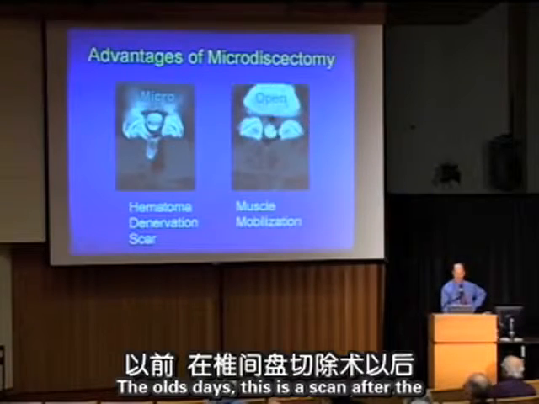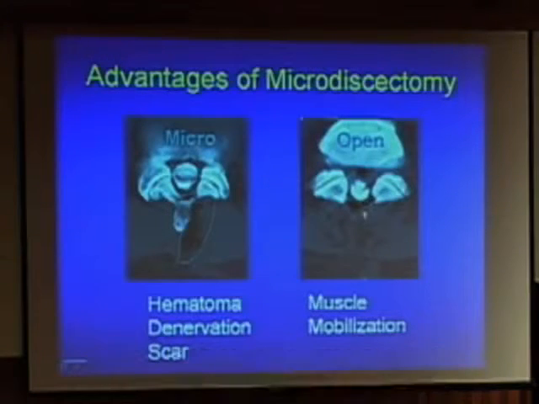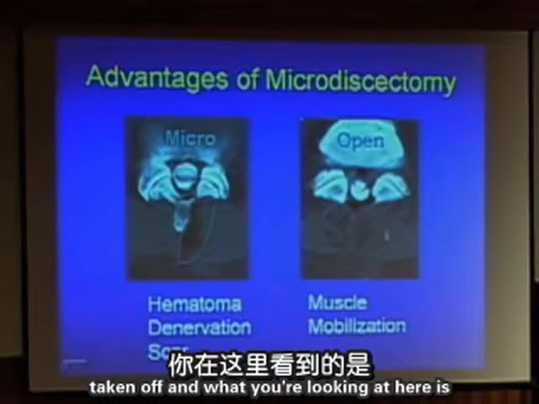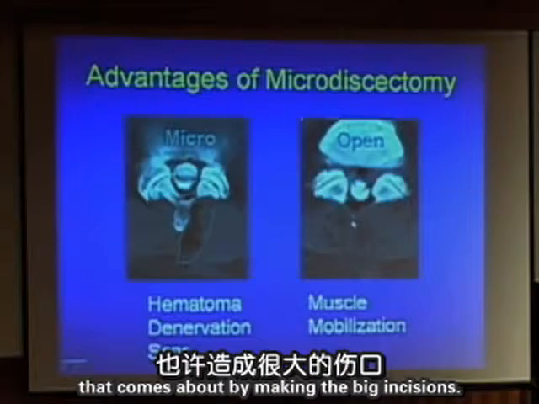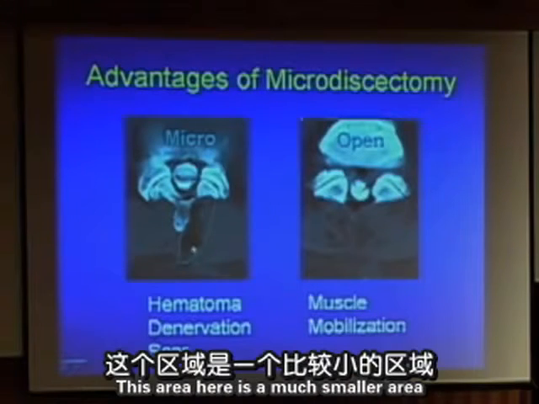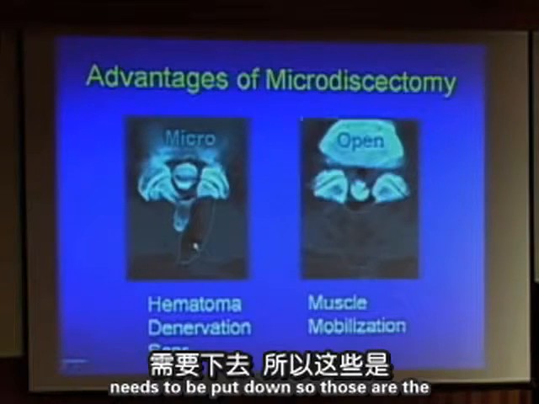In the old days, this is a scan after the usual open discectomy. There's a lot of bone taken off, and what you're looking at here is a lot of destruction of the muscle in the back that comes about by making the big incisions. This area here is a much smaller area where the tube or microdissection instruments can be put down.